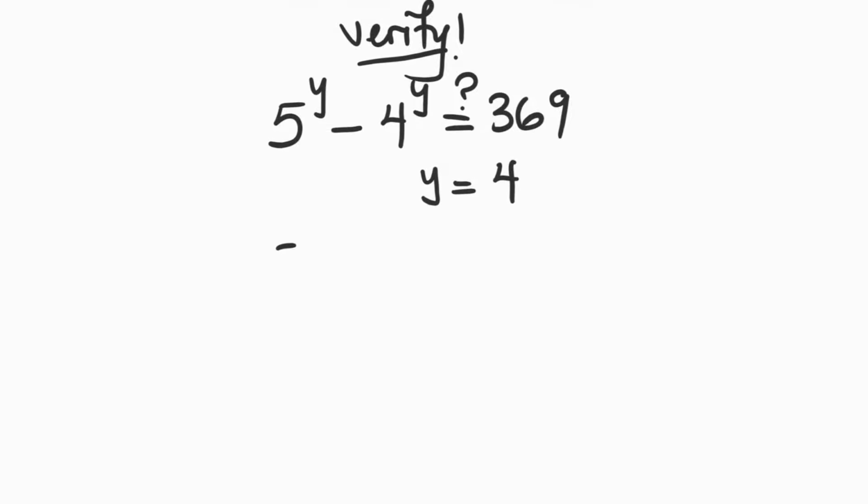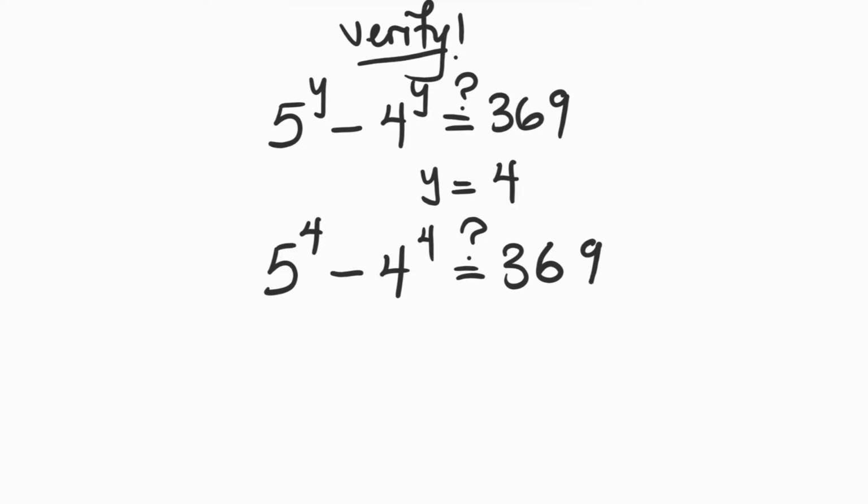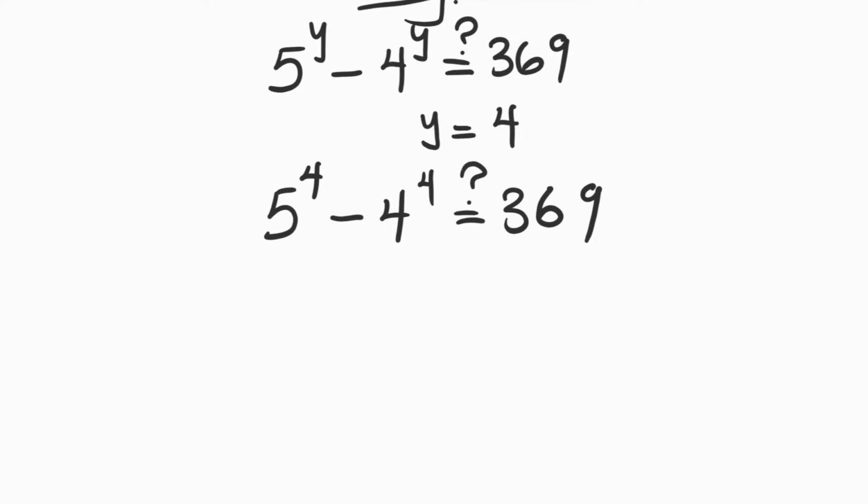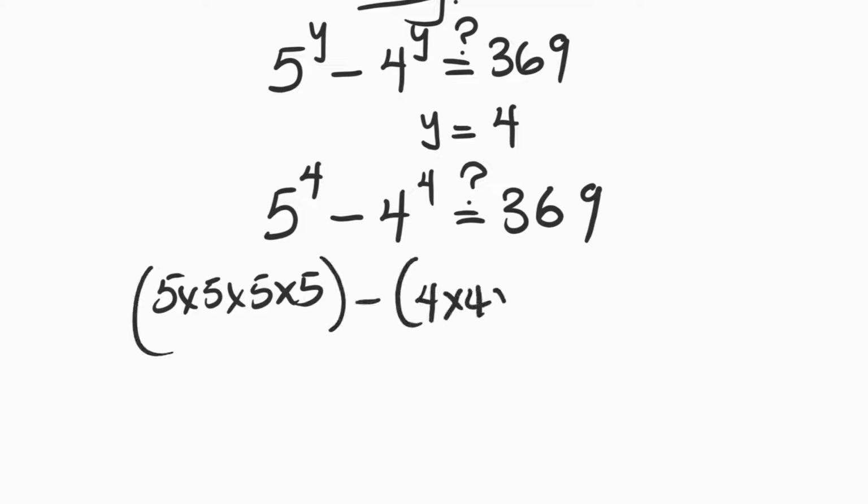So let's plug in the value of 4 wherever we see y in our equation. Here we have 5 times 5 times 5 times 5 minus 4 times 4 times 4 times 4. See if that's equal to 369.